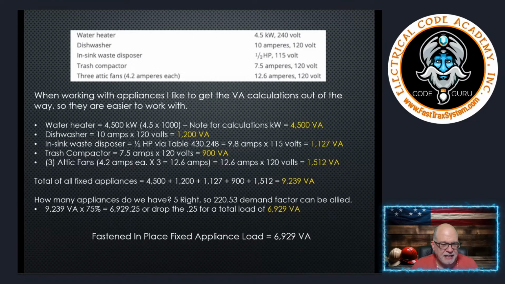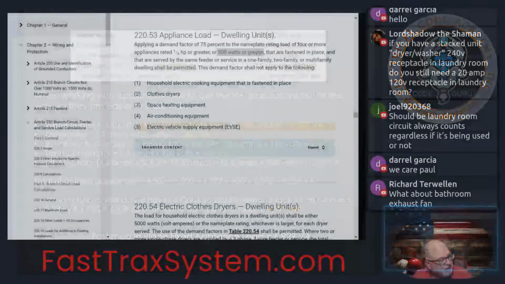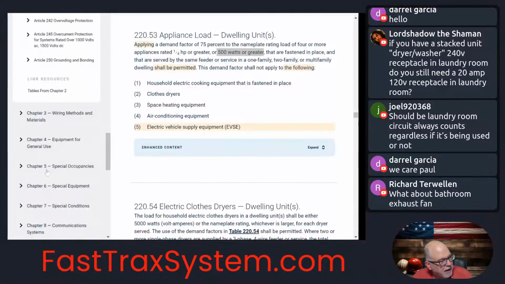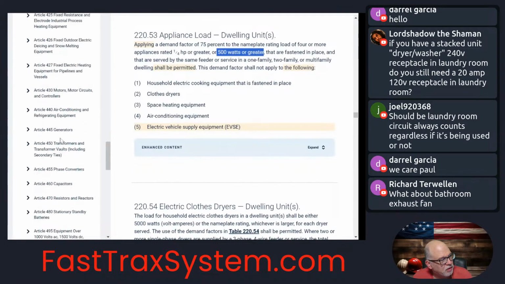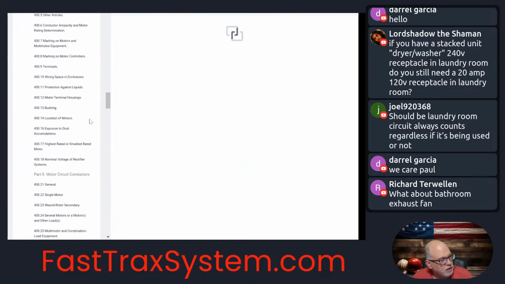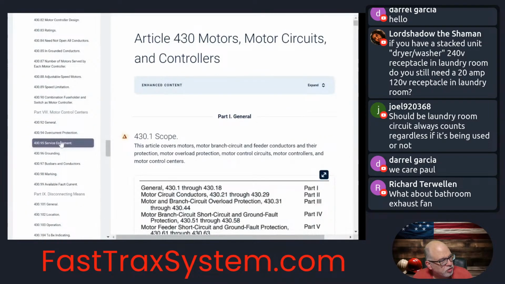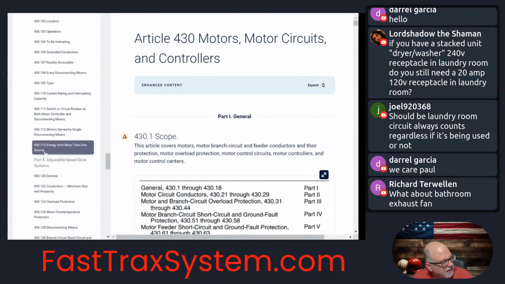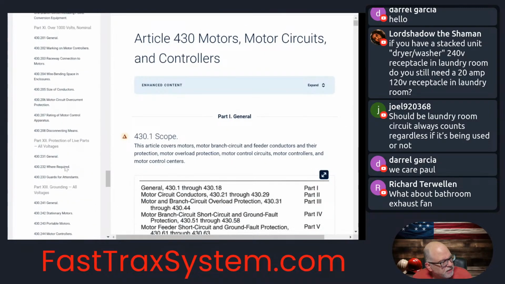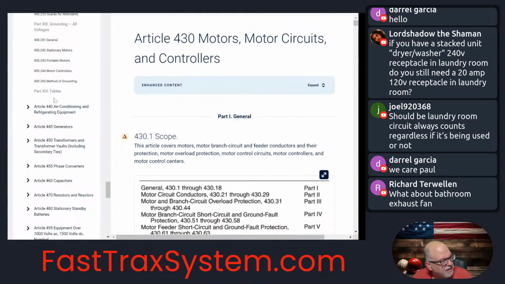Now, if we do that in the NEC, because I make sure I don't leave anybody hanging, anybody that might be new to the code or new to our program or wants to see where I go, I'll show you. You go to 430, which is motors, and we're dealing with a motor because it's in a horsepower rating. Then I go down, and the tables are at the back.